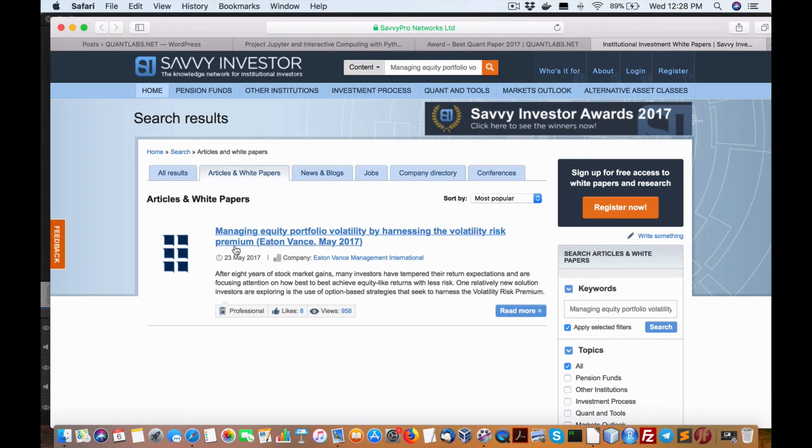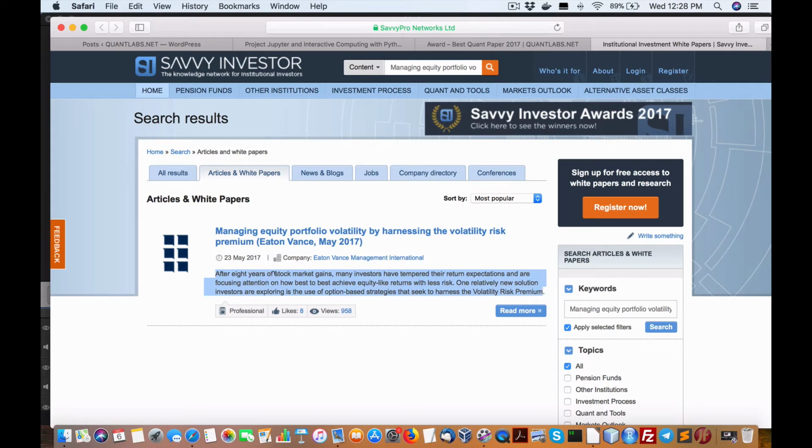So here, managing equity volatility by harnessing the volatility risk premium. You won't know the volatility risk premium unless you, again, study the futures and options market. That's why I keep saying it's really important to understand premium when it comes to options on volatility options and future contract products like VIX, which is the classic, and the different derivatives that come out of that.